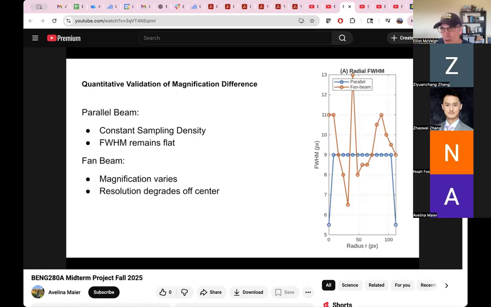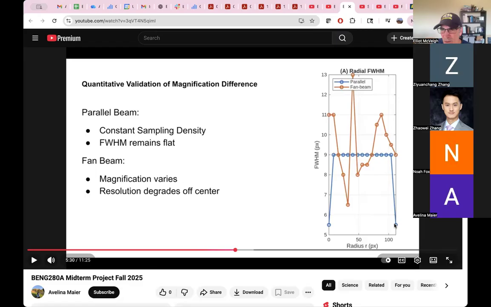So this blue curve was measured at the same points on the Shepp-Logan phantom? I believe so. I see. And so the full width at half max came up 9 pixels on the Shepp-Logan. Do you remember where you made the measurement?